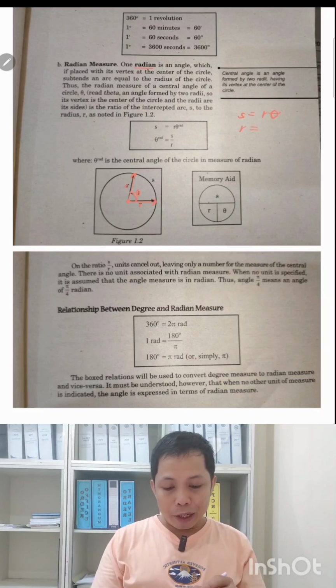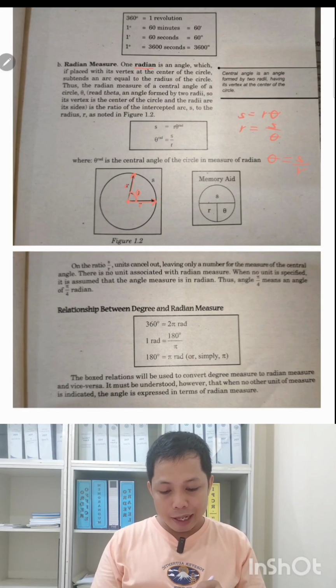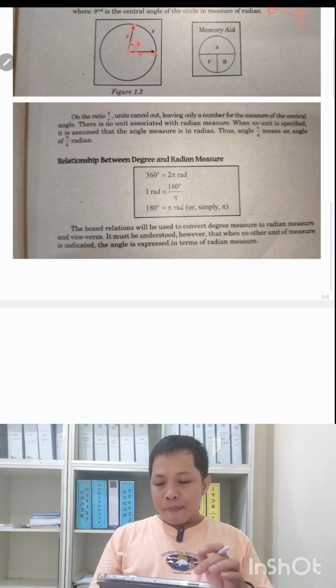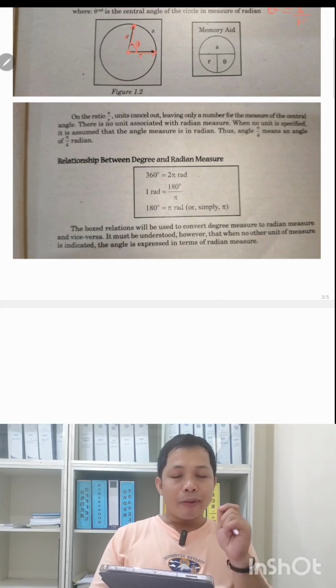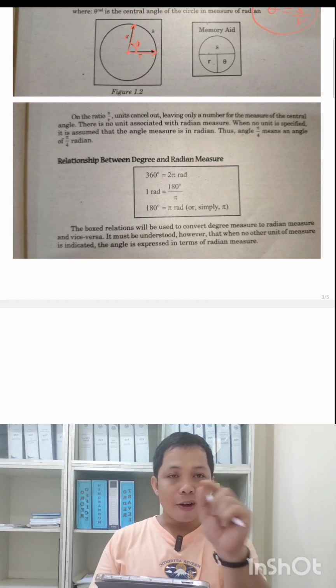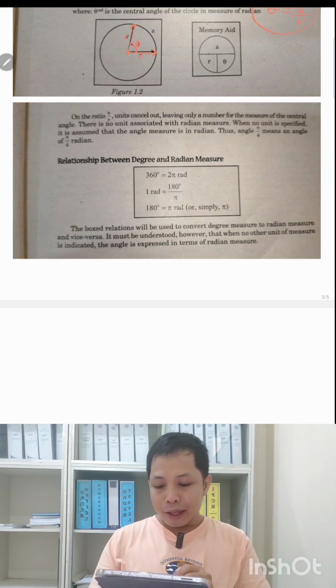So if you are looking for the radius, radius is equal to S over theta. If you are looking for theta, what is the formula? S over the radius. Now, on the ratio S over R, that is theta, right? Theta is equivalent to the intercepted arc S over the radius R.